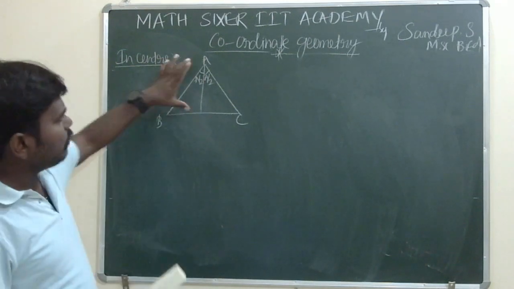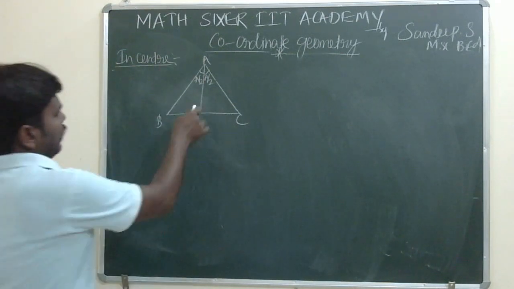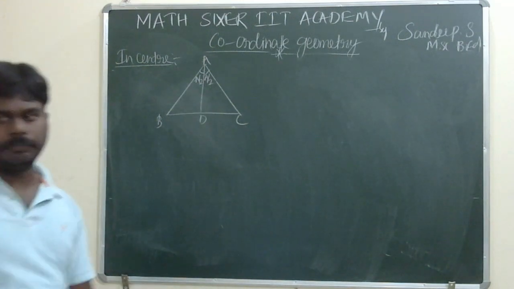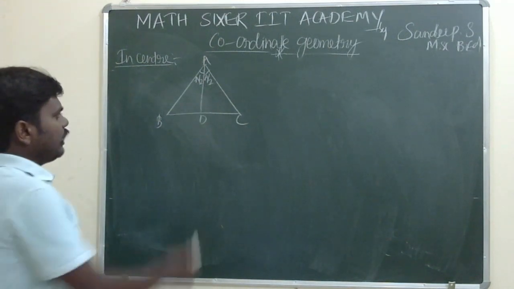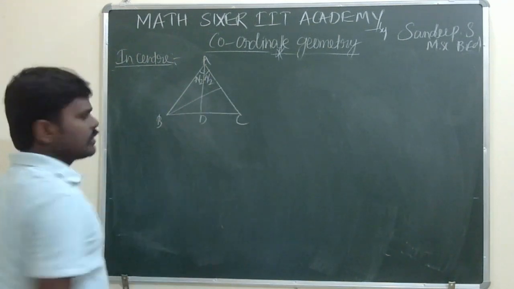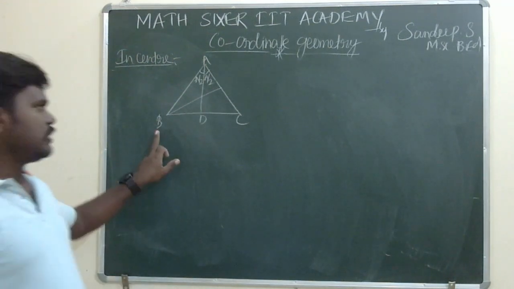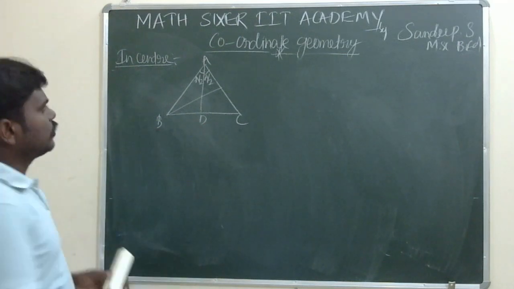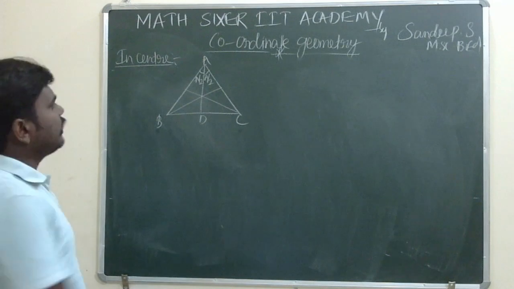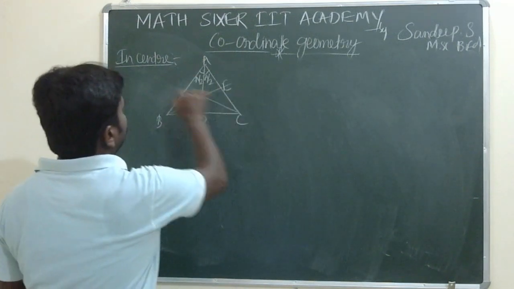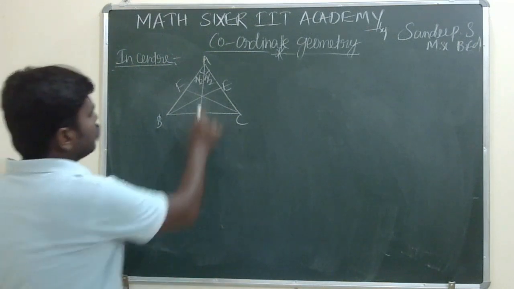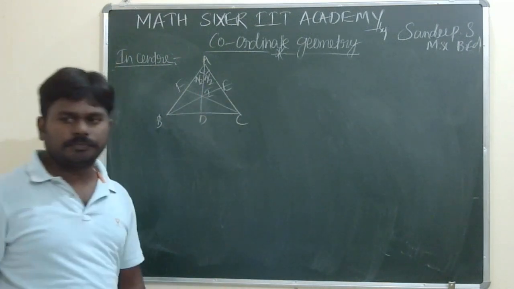This internal angle bisector intersects the opposite side BC at point D. Similarly, we can draw the internal angle bisectors for the remaining angles of triangle ABC, that is B and also C. These three internal angle bisectors will intersect at one point, and that is the incenter.